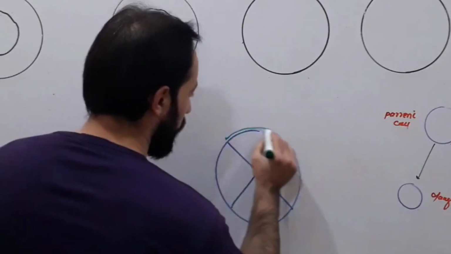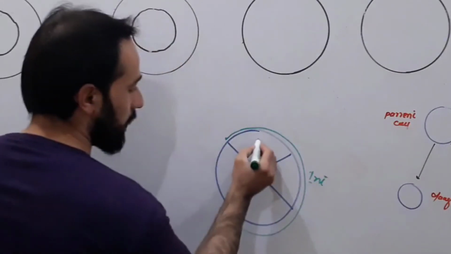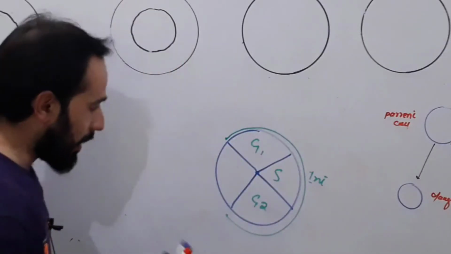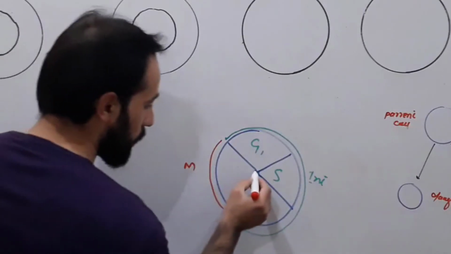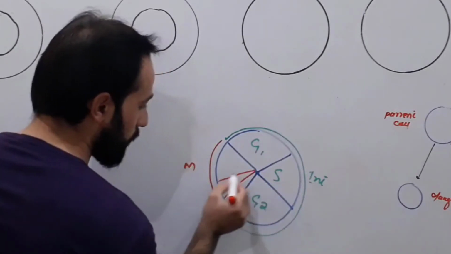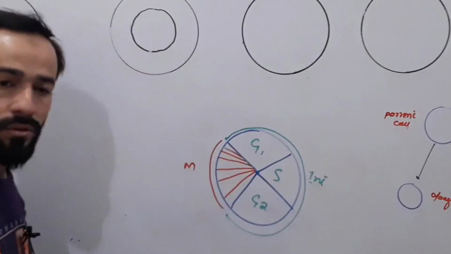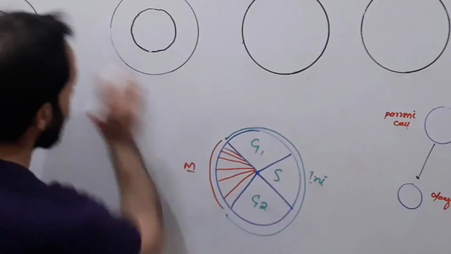First, from here up to here, this whole process was interphase, and it has G1, S and G2. Clear? And then from here up to here, this was our M phase or mitotic phase. So there was prophase, prometaphase, metaphase, anaphase, telophase and cytokinesis, right? So we are actually discussing this M phase.